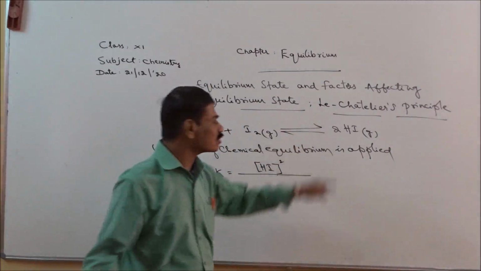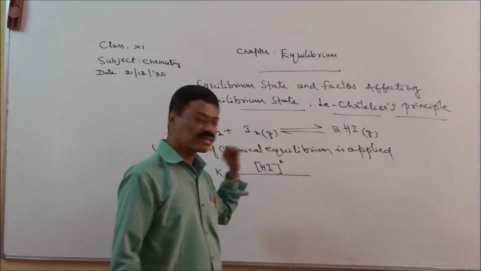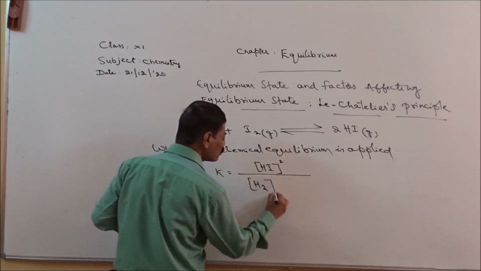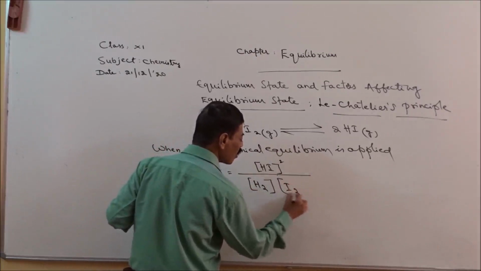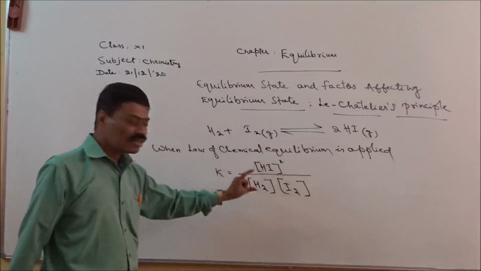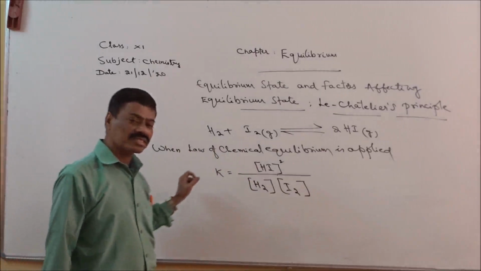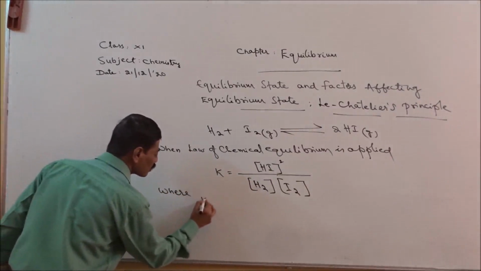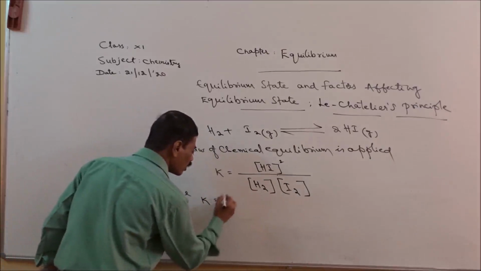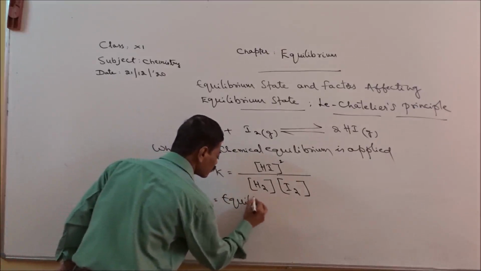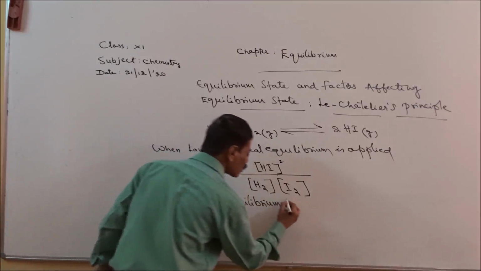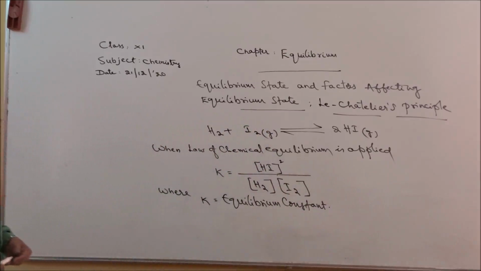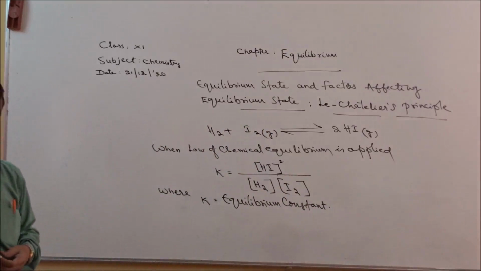Here, the number of moles of this product is 2. That will become the exponent, divided by the molar concentration of hydrogen times the molar concentration of iodine. This ratio is equal to a constant value. Now this constant K is known as the equilibrium constant. Right? So that's about the equilibrium constant, how it is obtained.